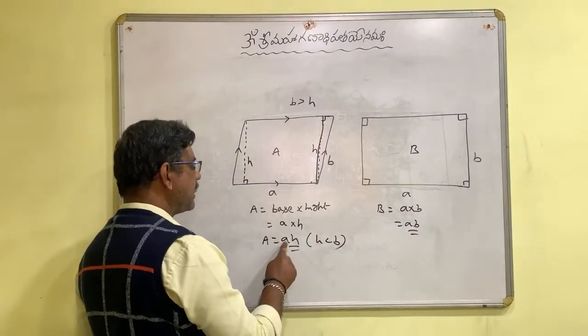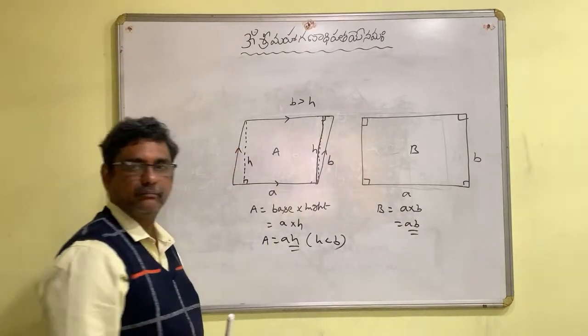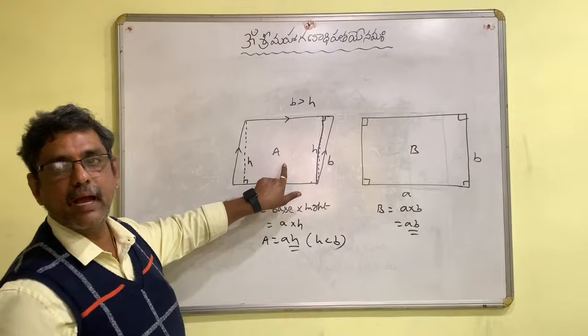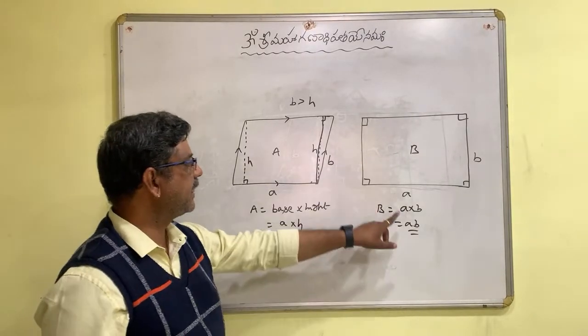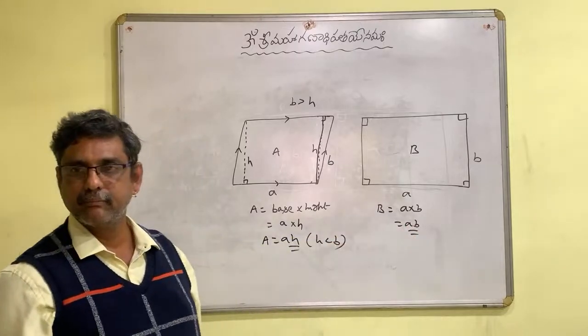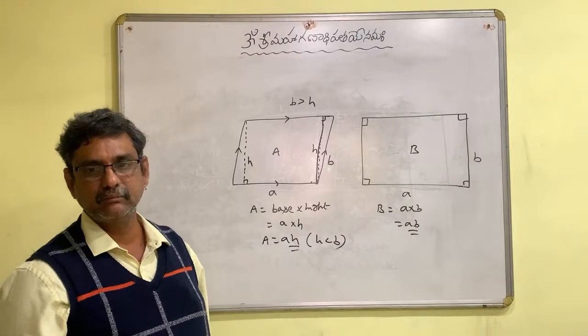Area of parallelogram A into H, area of rectangle A into B. Both the areas are multiples of A.